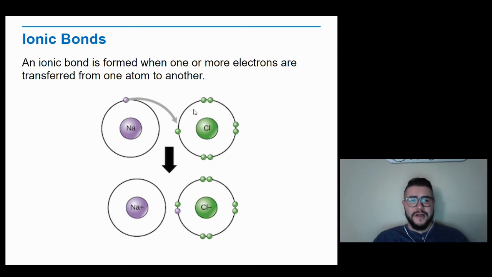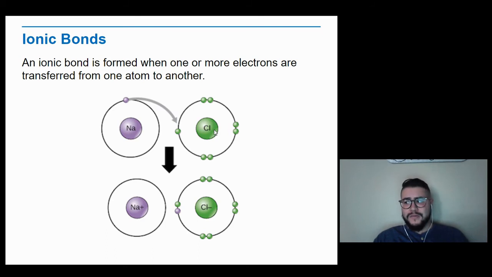All right, so next we're going to talk about bonding and how you get the formation of these compounds. There are 2 main types of bonds you need to know: ionic and covalent bonds. But all bonding in its basic form has to do with electrons. Electrons, if you remember from what we talked about, are contained in this cloud or shell that surrounds the nucleus.